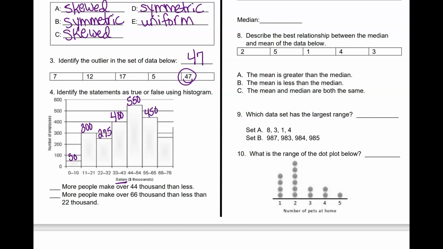66 to 76,000 is more than halfway between 200 and 300. This looks very similar to the 22 to 32,000, so I'm going to say that this is 275. All right, so over 44,000, we are going to take the 550, this one, and this one: 450, 275.